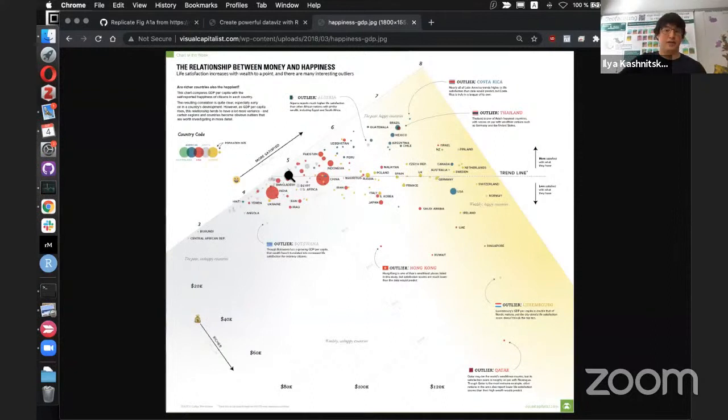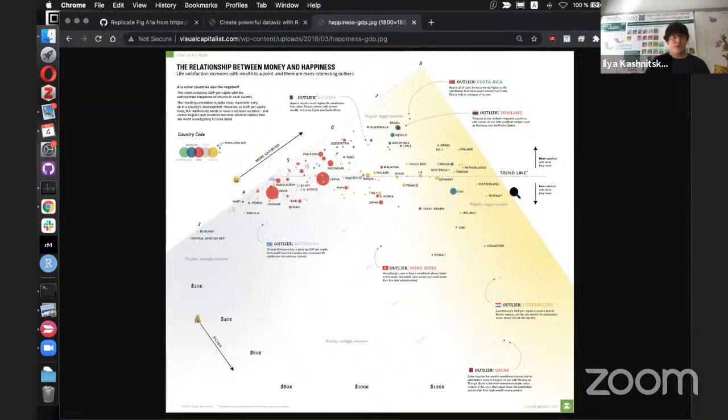When the plot is rotated to represent the trend line as a horizontal line, all of a sudden, all the countries that appear to be above the trend line are very easy to distinguish visually. These are sort of the countries that are happy for what they have here. And the countries below this line are the ones that are, well, more unhappy given their income level.